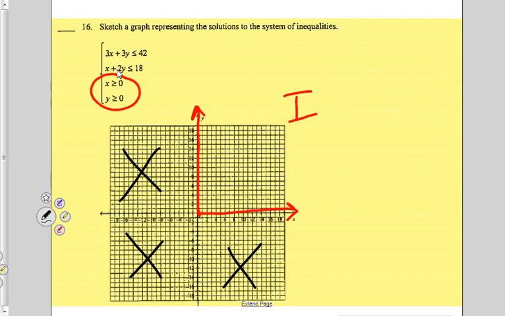The other 2 would be 3x plus 3y less than or equal to 42 is one of them. And I would graph this with what's called the 2-intercept method, or the cover-up method, which perhaps we mentioned back in October or September.